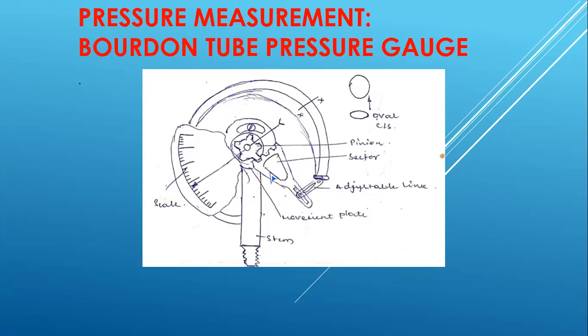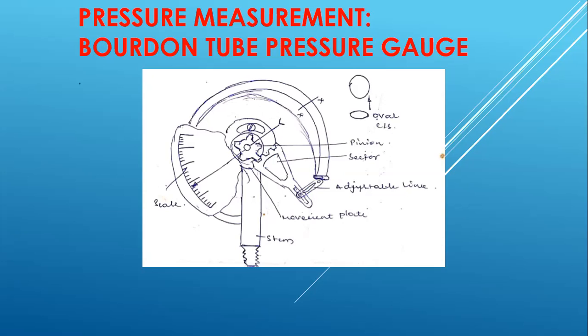Again here you have a sector or yoke which has the rack. All of you observe the gear teeth present in a straight line, so that is the rack, and this is the pinion. A rack and pinion arrangement is there.